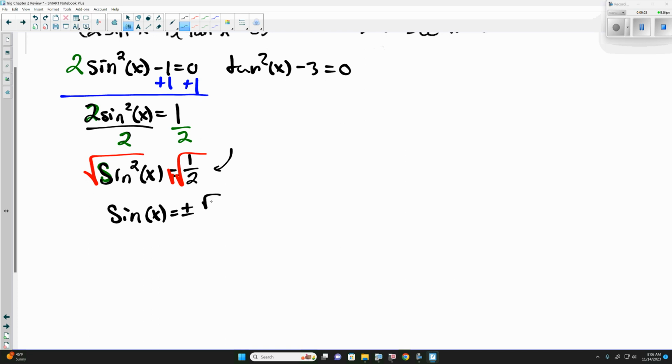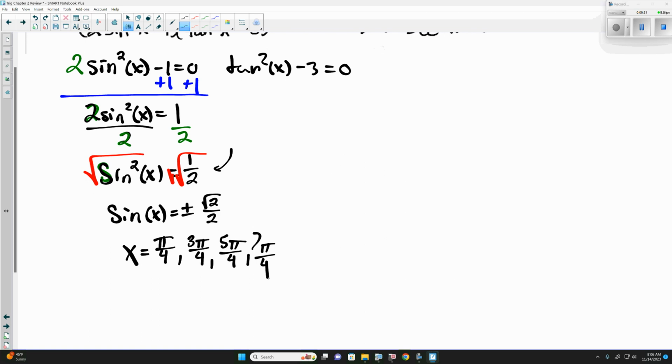It'll tell us that it's going to be square root 2 over 2. Pi over 4, 3 pi over 4, 5 pi over 4, and 7 pi over 4. Because we have the plus or minus square root 2 over 2, we want all 4.